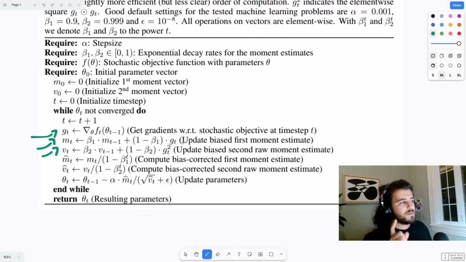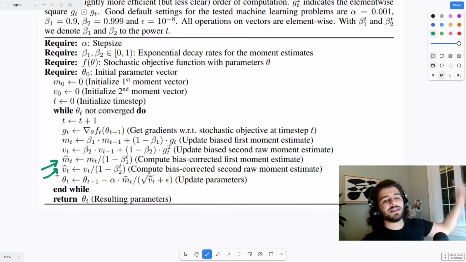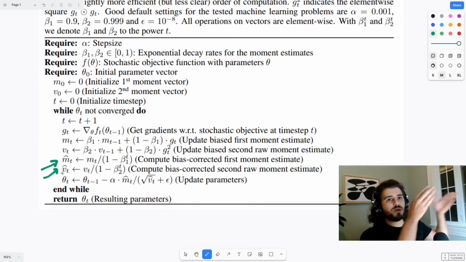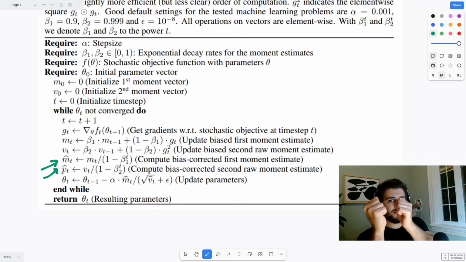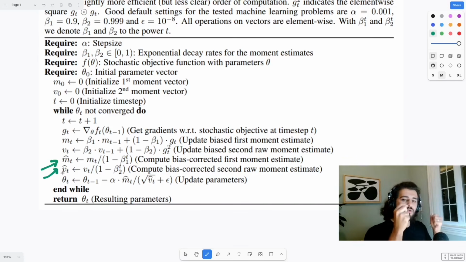Then it does something a bit different: a bias correction of the first moment estimate and a bias correction of the second moment estimate. So these two are corrected before getting implemented into the formula. This is why you're going to see two buffers, because you're just adding one more than the momentum. Then you take these two corrected quantities and jam them into the update rule.